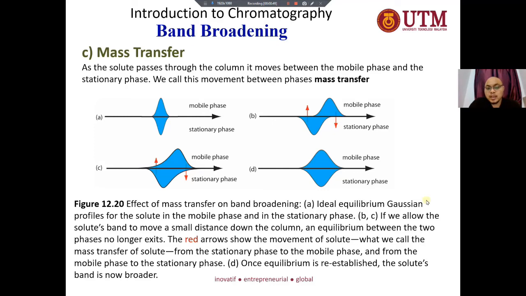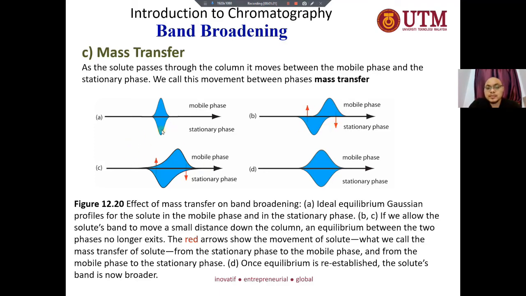In this figure, we have A, B, C, and D. If you look at the mass transfer, for example here, if the mobile phase is faster, it can create differences in equilibrium. When that happens, the solute from the stationary phase will try to go to the mobile phase, and the solute from the mobile phase will go to the stationary phase.